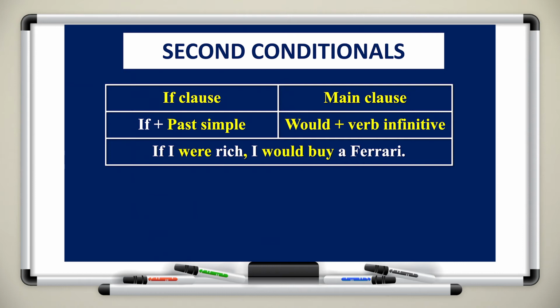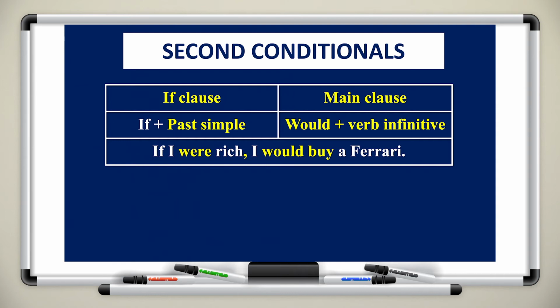Let's look at the second conditional and how it's formed. Again, we have the if clause and the main clause. In the if clause, we have if plus the verb in the past simple. In the main clause, we have would plus the base form of the verb. So for example, if I were rich, I would buy a Ferrari.